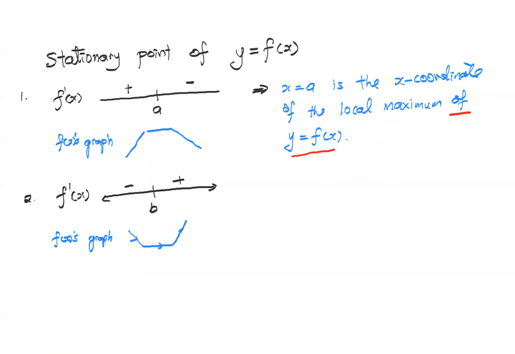So this implies that x equal to B is the x coordinate of the local minimum.